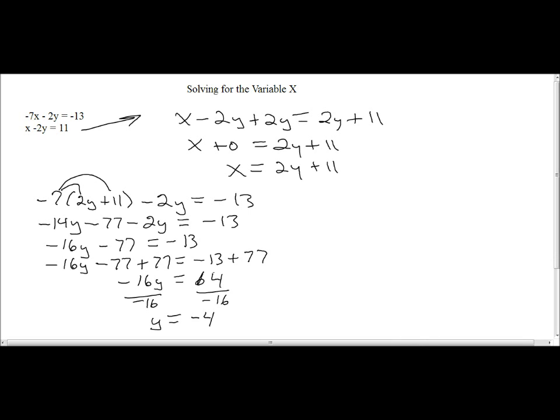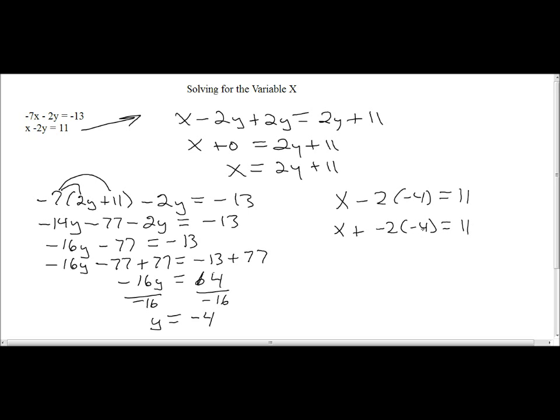And then of course the next step here to solve a system would be to try to determine what is x, and we can do that simply by saying x minus 2 times a negative 4 is equal to 11. That's the same thing as x plus a negative 2 times a negative 4 is equal to 11.